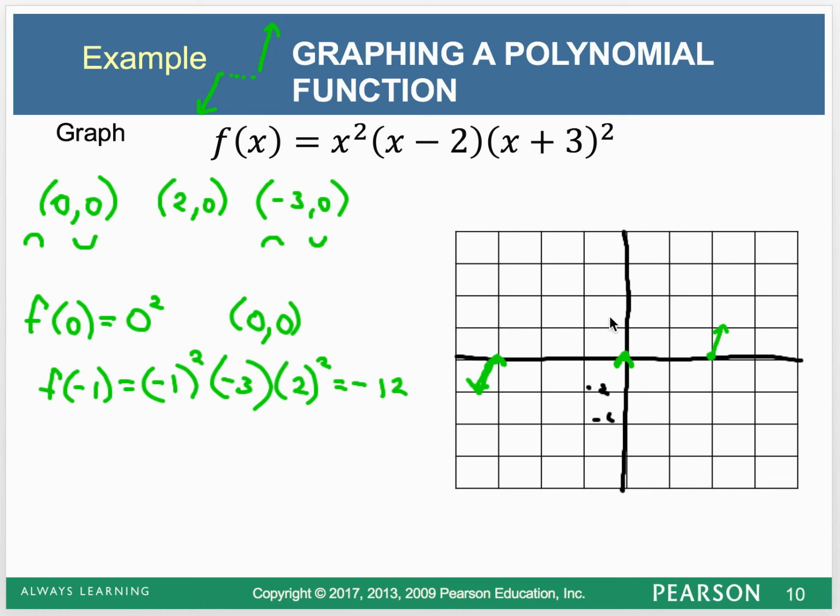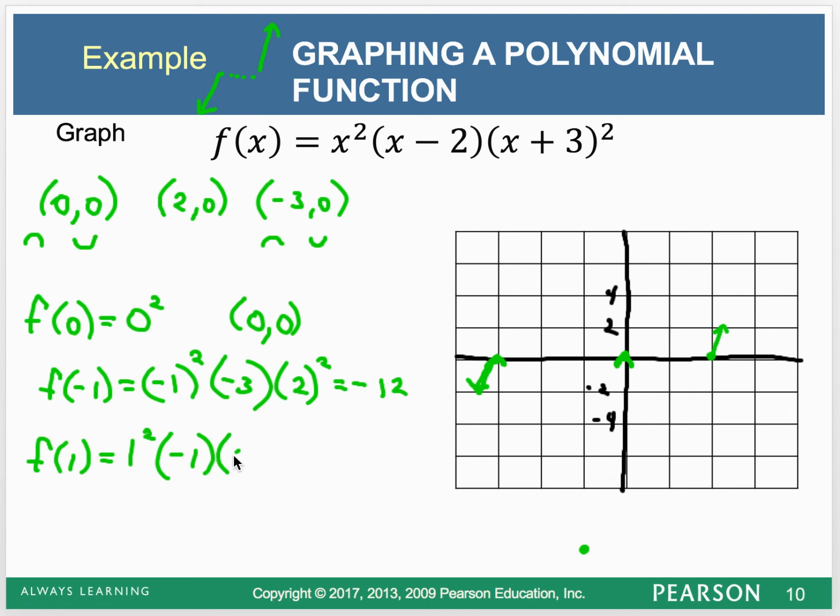Let's go by 2's again then. So I've got a point here at -1, -12, 2, 4, 6, 8, 10, 12. We'll say it's right here. And then let's do the same thing for +1. Okay, so 1 squared. 1 minus 2 is -1.